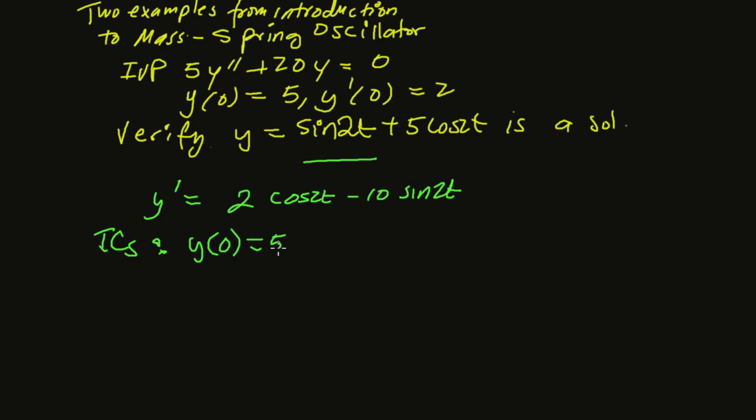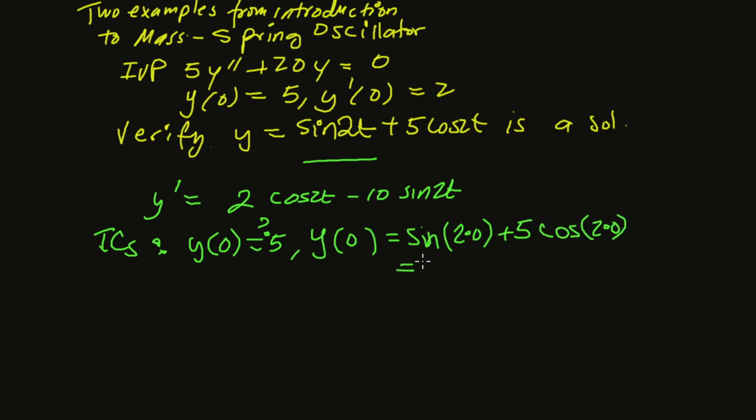Let's see, y of 0 is sine of 2 times 0 plus 5 cosine of 2 times 0. Sine of 0 is 0, 5 times 1 is 5, so yes.